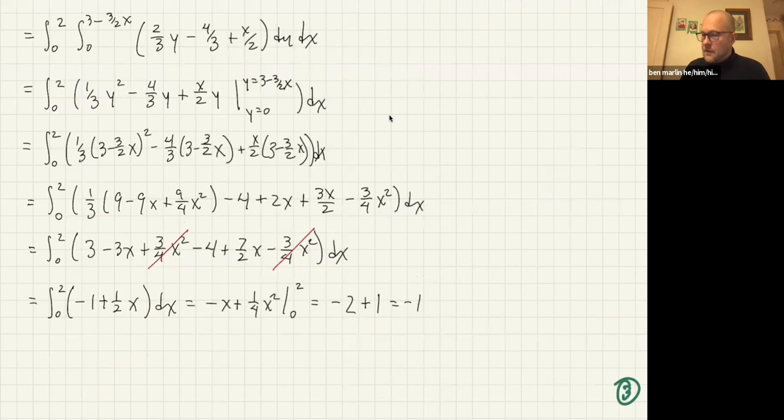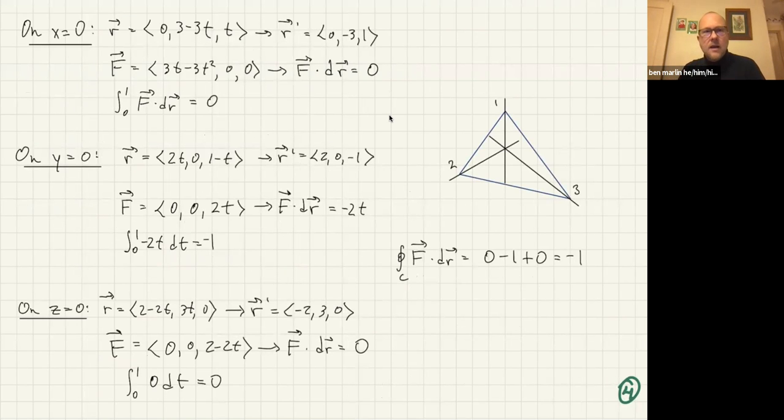So what I did here was to split those up, and when x is equal to 0, that means that we are in this plane here, but we don't need anything other than just that line segment there.